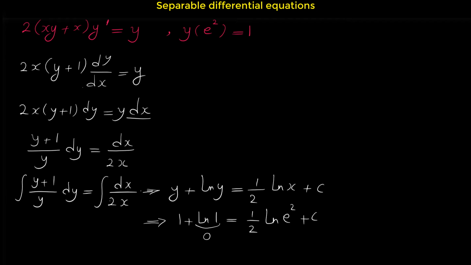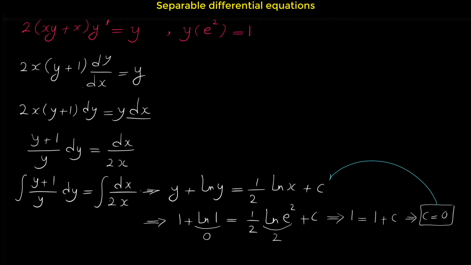So based on this property, ln of e squared is 2. 2 times 1/2 is 1. So here we have 1, because ln of 1 is 0, equals 1. 2 times 1/2 is 1 plus c, and so c is 0.